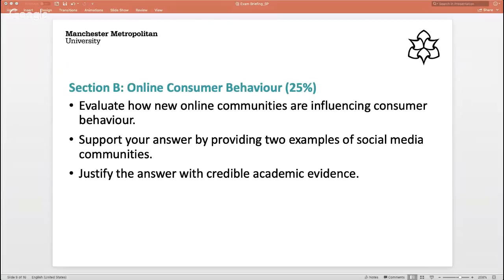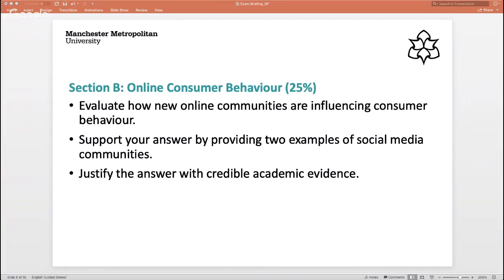So the first question that you could pick is online consumer behaviour. What we are actually going to be looking at over the next few weeks is online consumer behaviour. So what do we do online and how do we consume online? And this will really fit in with some of the stuff that you've been doing in Principles of Marketing over the first term.